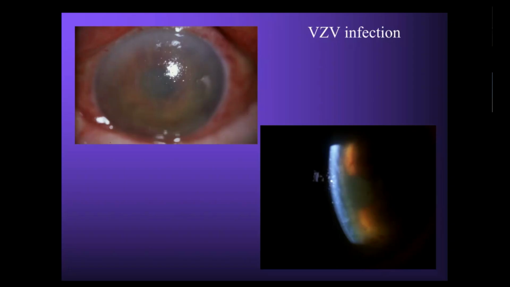It mostly comes down only once, and there's a great difference to herpes simplex virus disease, which may come down several times. Varicella zoster virus mostly only comes down once. And what we may then have in the eye is keratitis, endotheliitis as seen on the left, or iritis as seen on the right.